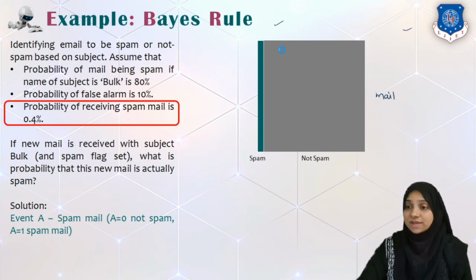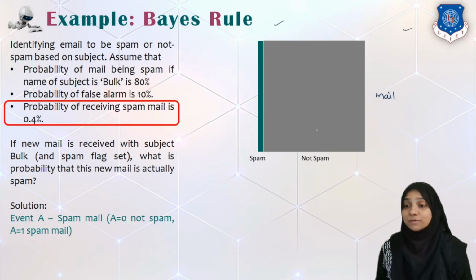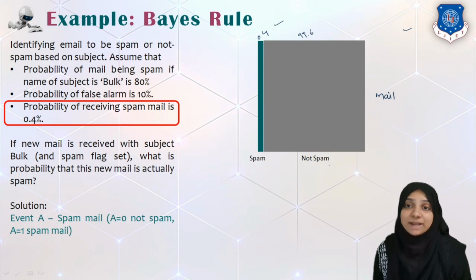As you can see, this complete square is of all mails. A mail can be either of type spam or of type not spam. Now the area covered by spam mail is 0.4%, and the remaining 99.6% of the area is of not spam mail type.